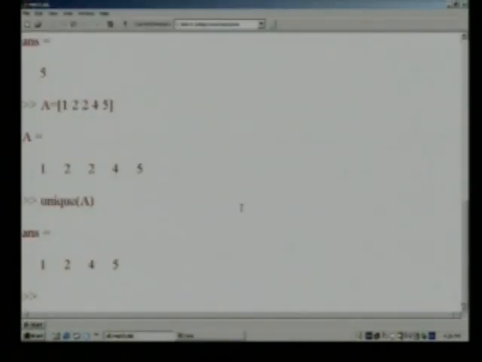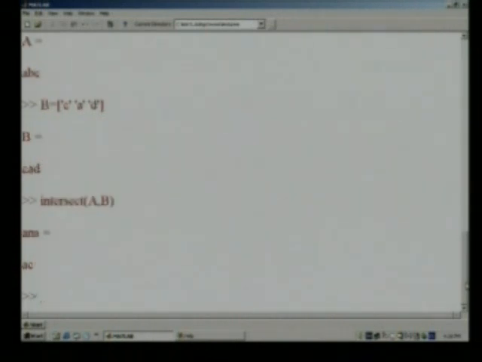So let us try whether I can have sets which are not numbers. Possible. Suppose A is equal to character A, character B, character C. And B is having character C, character A and character D. If I write intersect, you get AC.